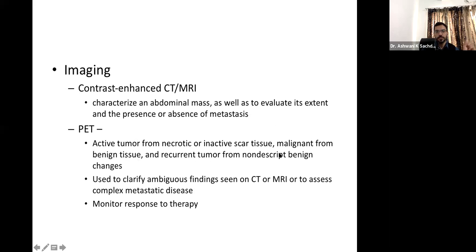It differentiates malignant from benign and recurrent tumor from benign changes. It is also used to clarify ambiguous findings seen on CT or MRI and to assess the complex metastatic disease. And it is an important modality to monitor the response to therapy. So PET is recommended in all GISTs if available.